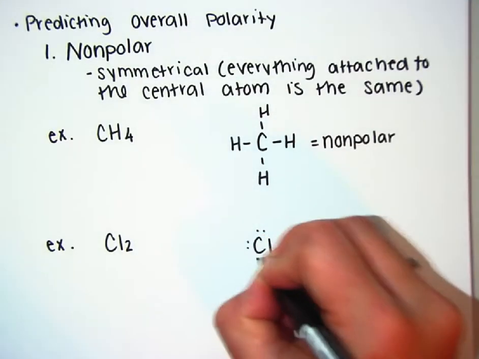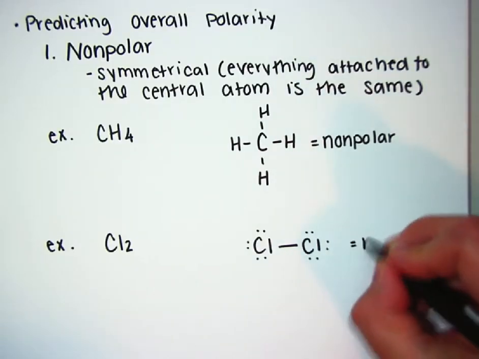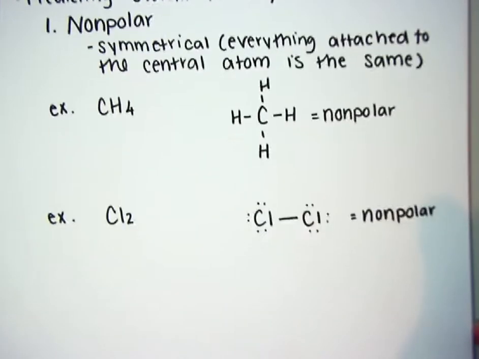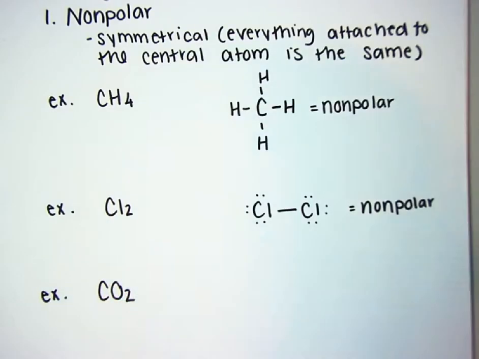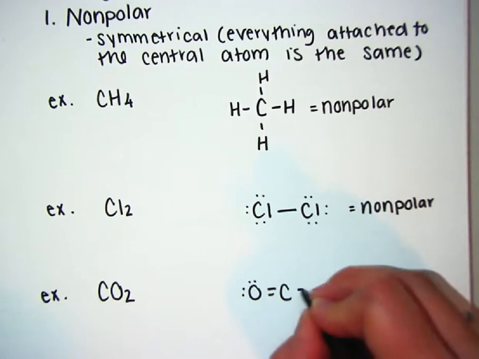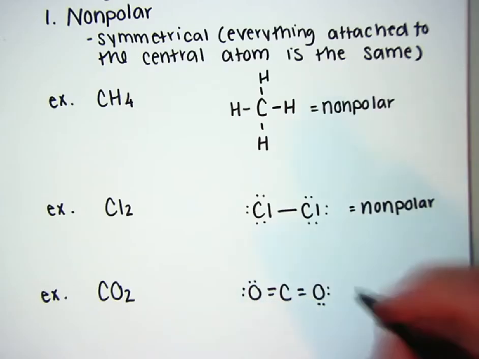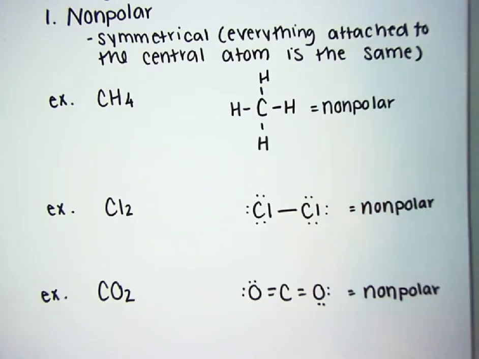It is symmetrical. It is the same on both sides. This would be non-polar. Something like carbon dioxide, CO2. So look at the central atom, which is carbon. Is everything attached to it the same? Yes, I have oxygen on one side, oxygen on the other. This is another example of a molecule that is non-polar.